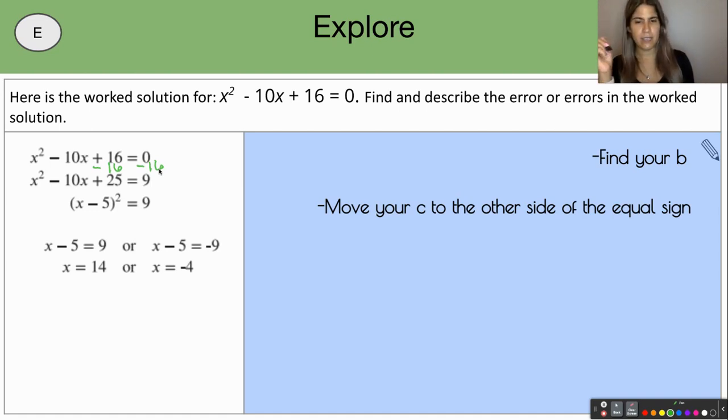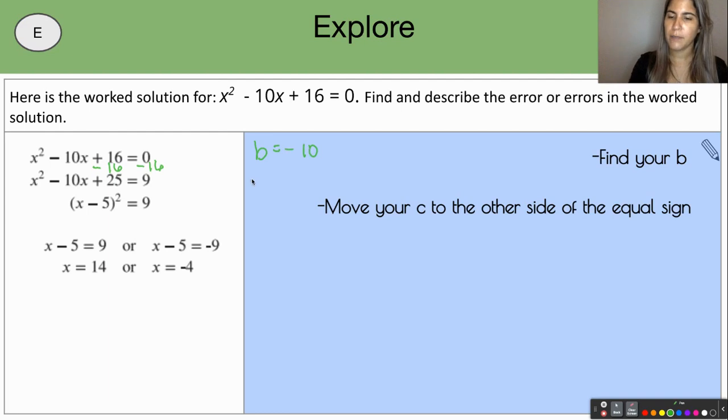I'm going to work it out to make sure that all the steps are correct. I am left with x squared minus 10x, plus, equals negative 16.